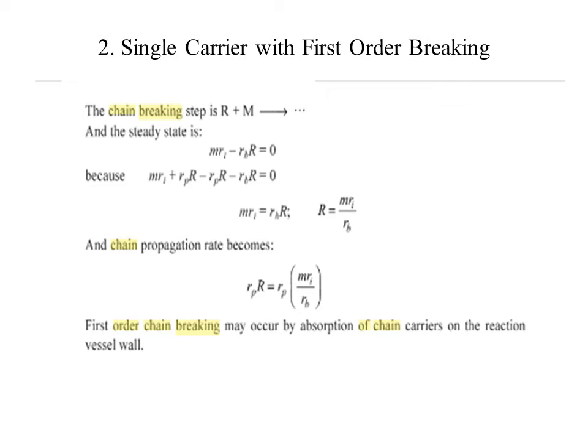First order chain breaking may occur by absorption of chain carriers on the reaction vessel.